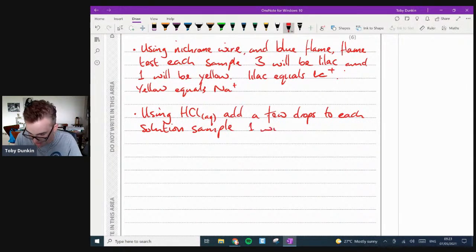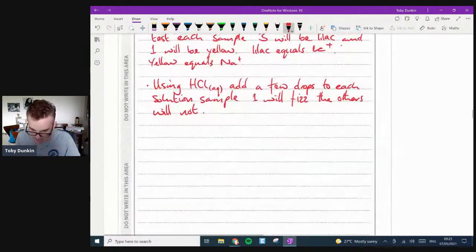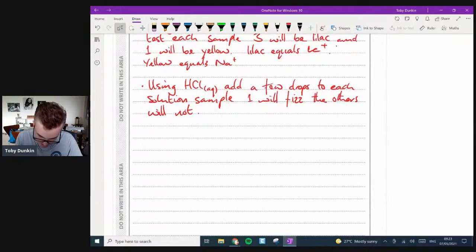One will fizz, the others will not. Right, so we've just identified the carbonate. Yep, next.